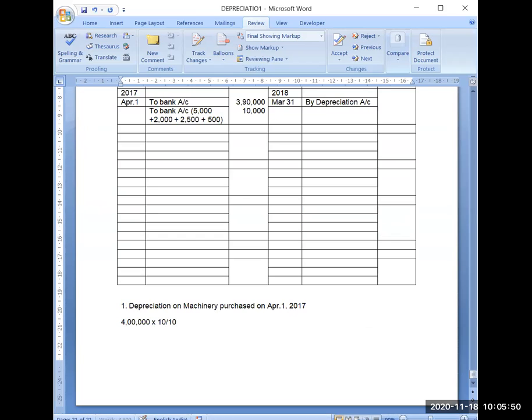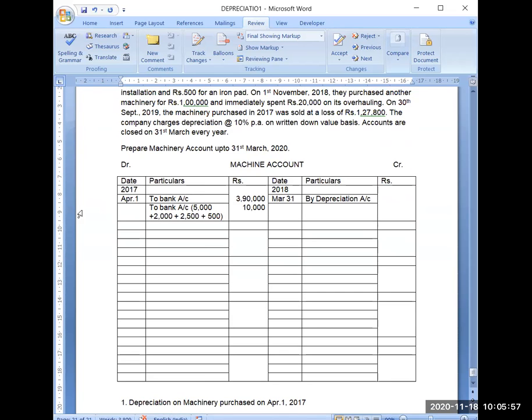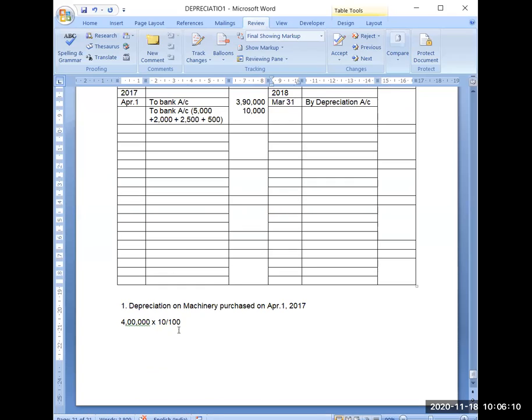10 upon 100. Now we have to think about the time. So for time, you can see that April 1 to March 31st, this is the time. So that's why we will be charging depreciation for one complete year.